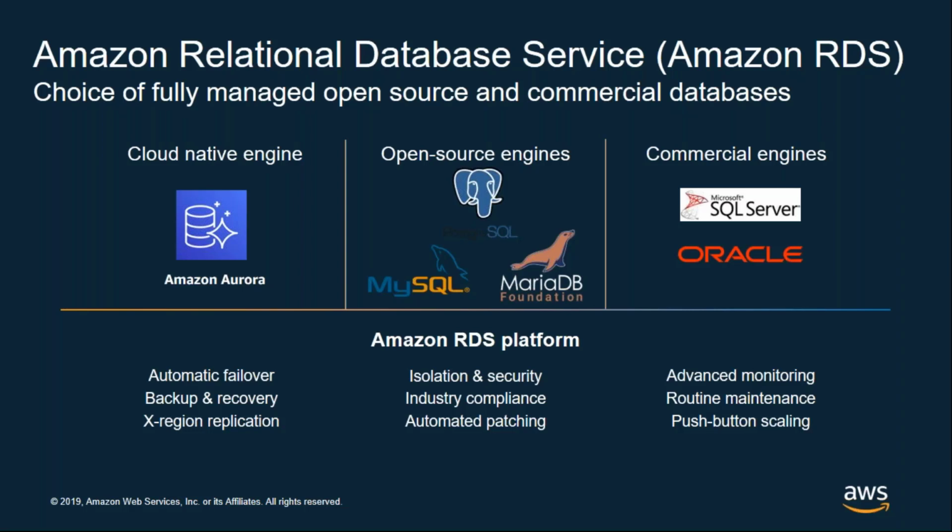And these are the engines that our customers told us they wanted, and that's how we supported them. And lastly, we added Amazon Aurora, which is our own homegrown cloud native MySQL and PostgreSQL compatible database. And what this means is it's a database built for your cloud and native with MySQL and PostgreSQL support.